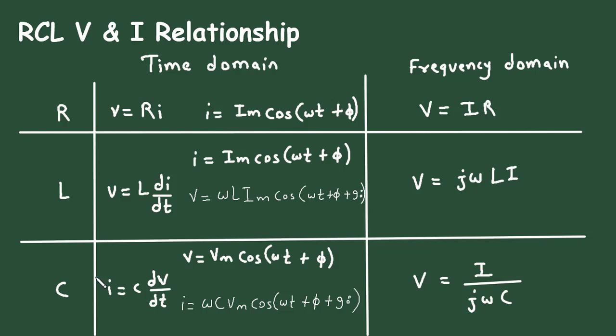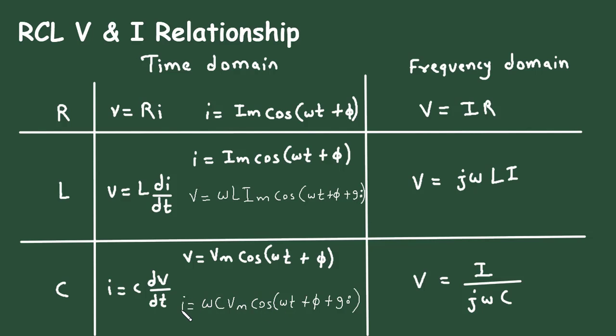I. For the capacitor in time domain, we know that voltage v is equal to Vm cos(omega t plus phi), and current i is equal to C dV by dt. If we substitute this voltage value here, then we have to take the derivative of this. Again, this cos will become a minus sine, but here we have to add 90 degrees to it to make it cosine form.